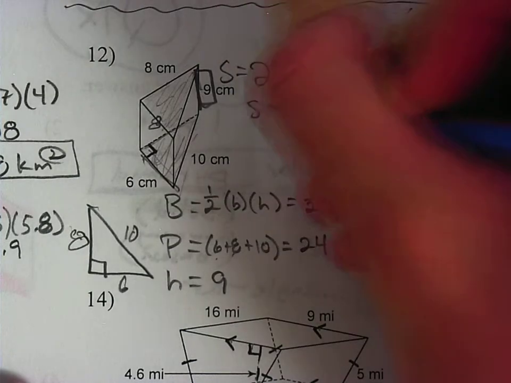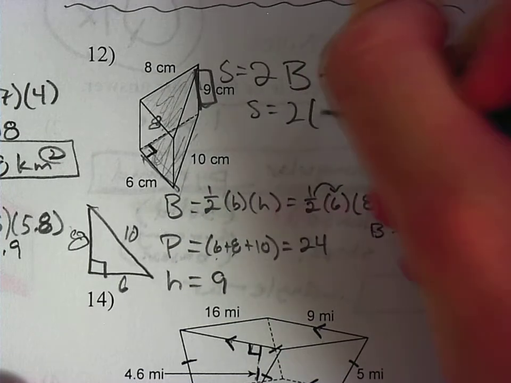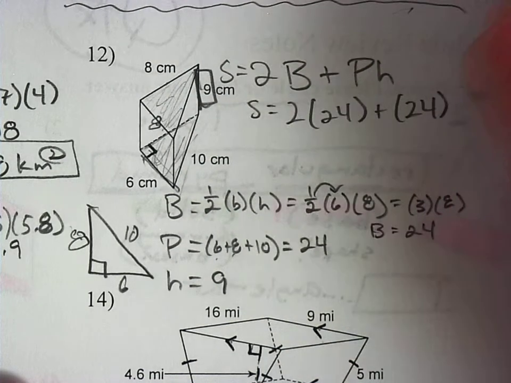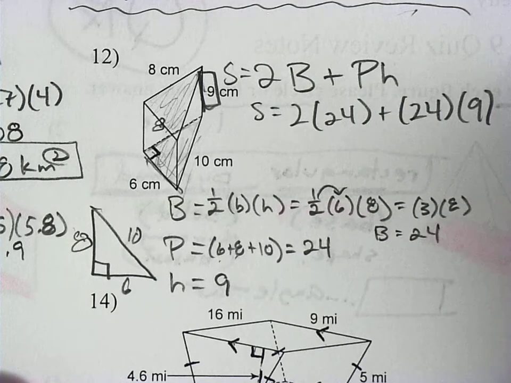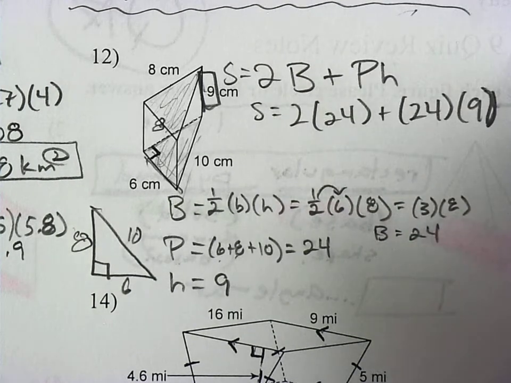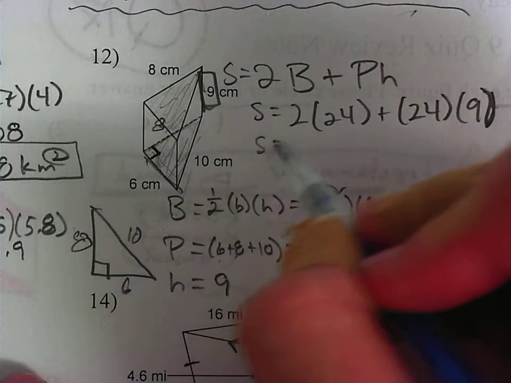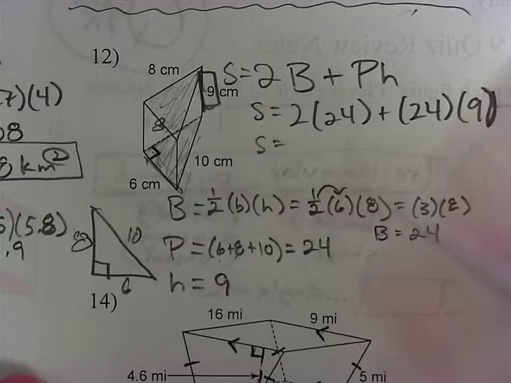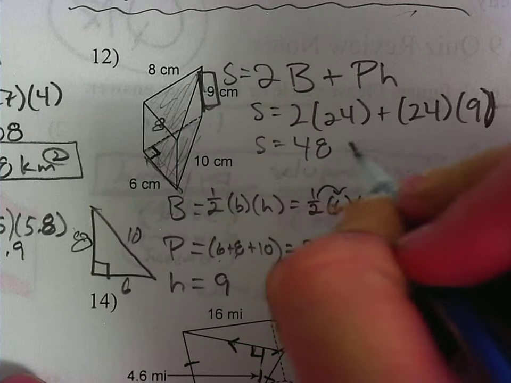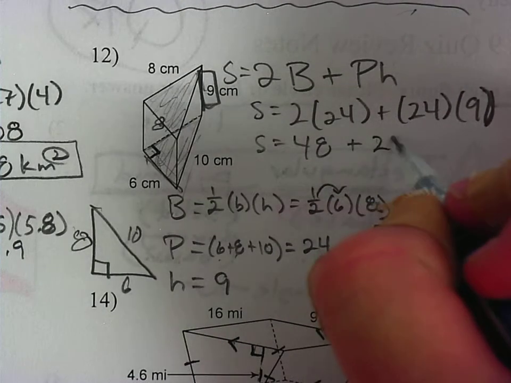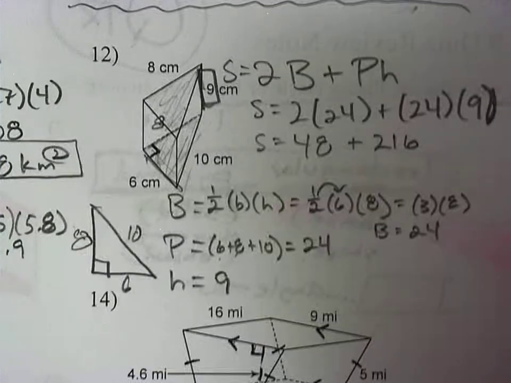All right, let's just plug this in. 2 times the base, 24, plus the perimeter, 24, times the height, which is 9. Well, 2 times 24 is 48. 9 times 24 is 216.